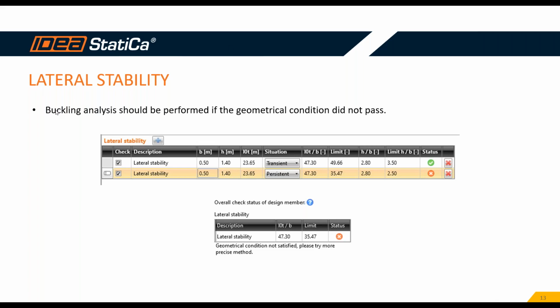It means that you ought to use some higher type of analysis, like some buckling analysis with some alpha factor to check if the beam will be stable or not.